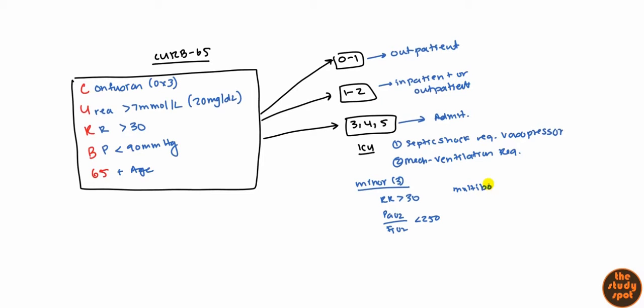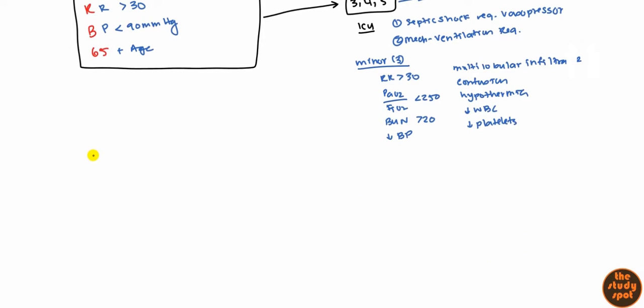If it's multilobar infiltrate, you definitely want to consider ICU. If there's severe confusion or they're becoming hypothermic, if their BUN is greater than 20, or if they have hypotension, leukopenia like we talked about, and thrombocytopenia, then if they have three of any of these conditions, you also want to consider ICU.